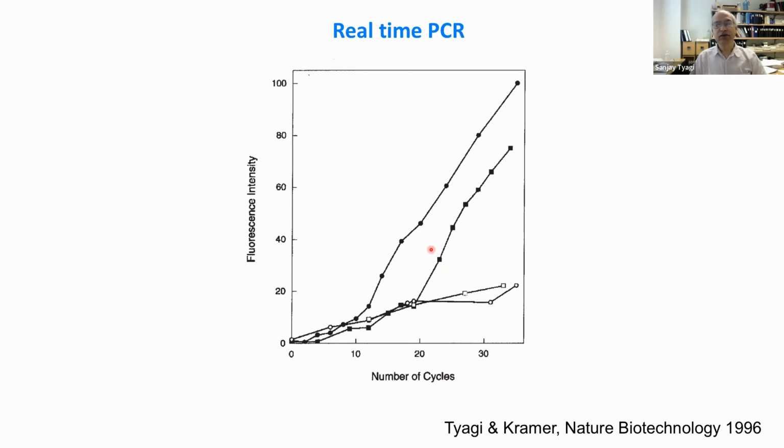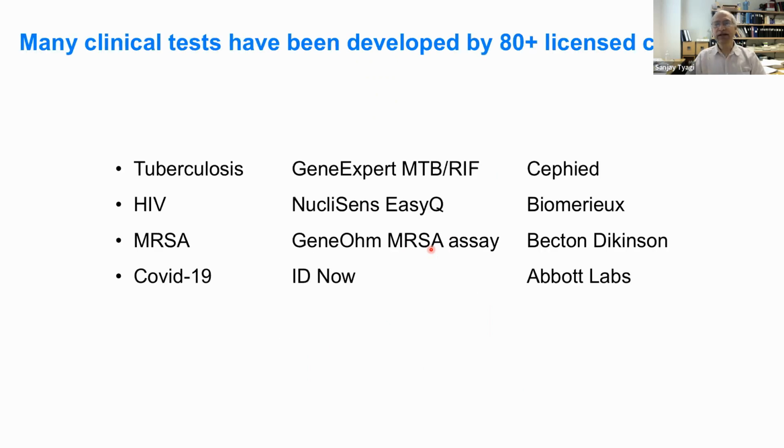And with this, we were able to do many kinds of assays once the instruments became available to do real-time PCR. Many companies adopted this technology. We licensed the technique to 80-plus companies, and they developed tests for all kinds of pathogens, for tuberculosis, for HIV, for methicillin-resistant Staph aureus, and currently a number of COVID tests, including Abbott Labs, IDNow, use the same technique.